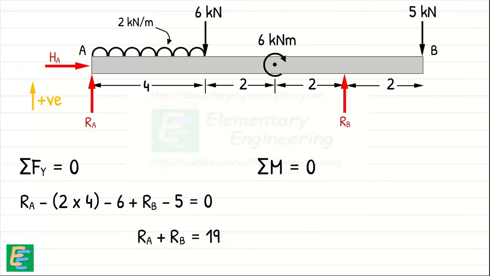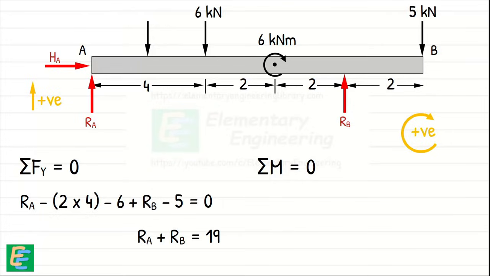Next, we apply moment equilibrium equation. We will take moments about point A, which eliminates both reaction components at A, RA and HA. Also, let us take clockwise moments as positive. The first load we encounter is the uniformly distributed load. For moment calculations, we replace the UDL with an equivalent point load acting at its centroid.